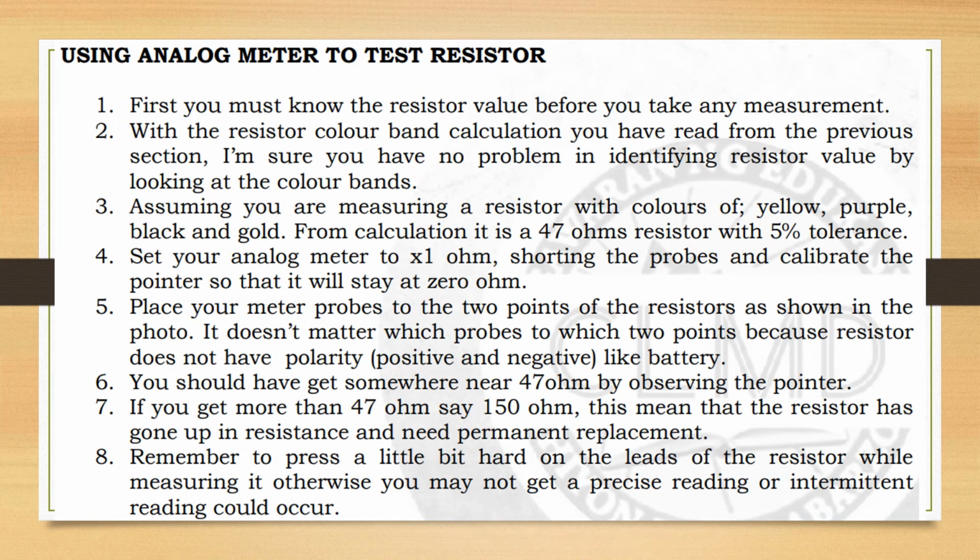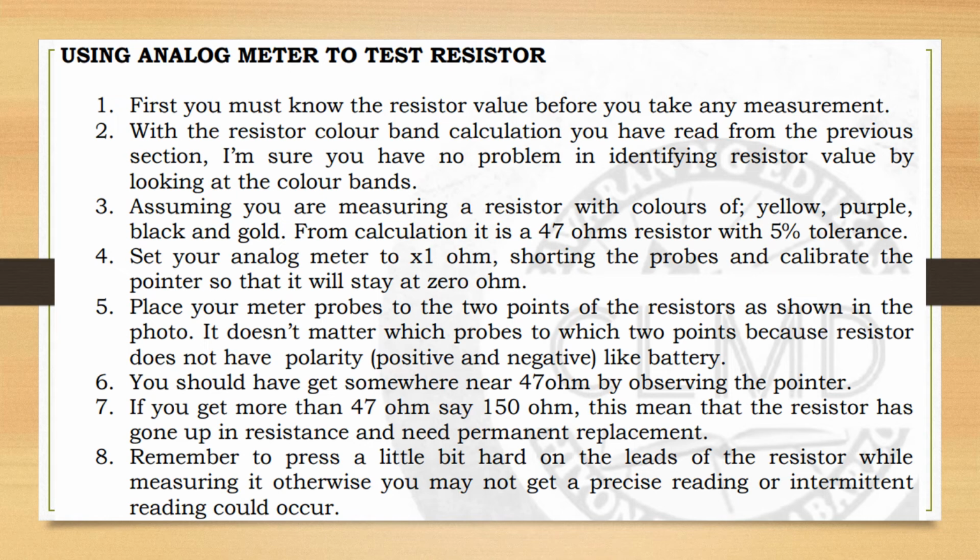Using an analog multimeter to test a resistor. First, you must know the resistor value before you take any measurement, using the resistor color band calculation you have read about in the previous section.